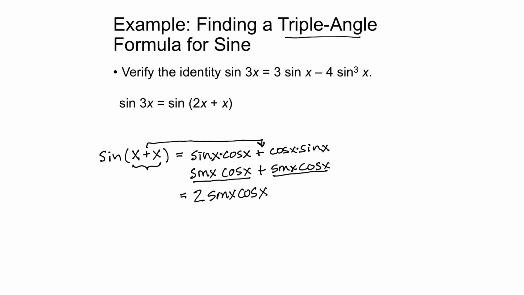So if we apply this same logic to get a sine 3x, I could take sine of 2x plus x, and we can apply that same property here. Stretching this out, well, no, I'm sorry.